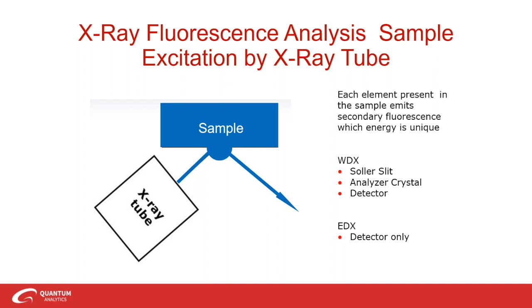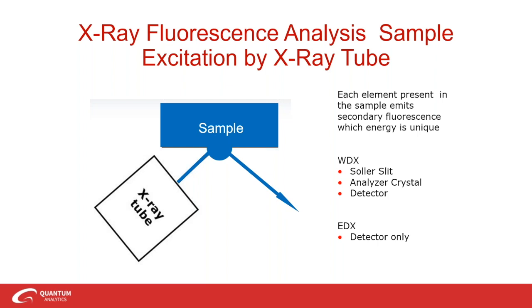And so in WDXRF, the crystal separates a certain wavelength, which corresponds to an energy, which in turn provides information about that element. As such, one energy at a time is being measured.